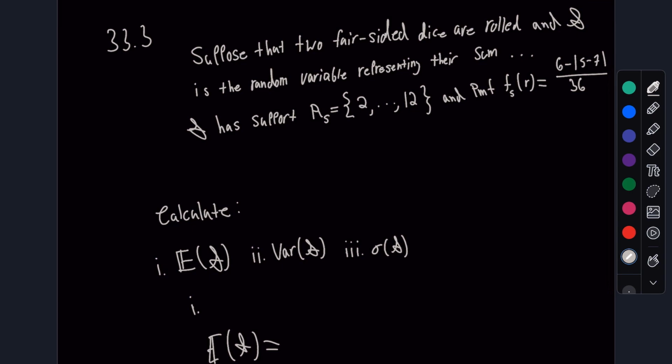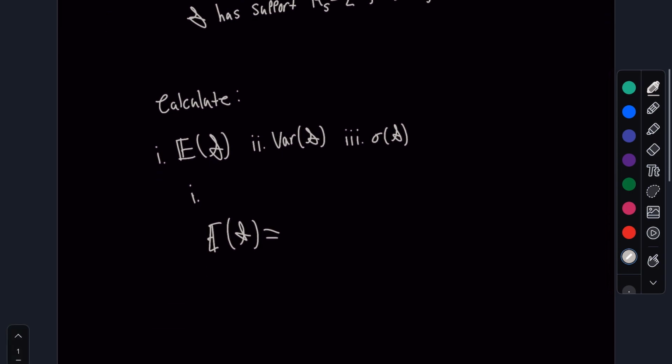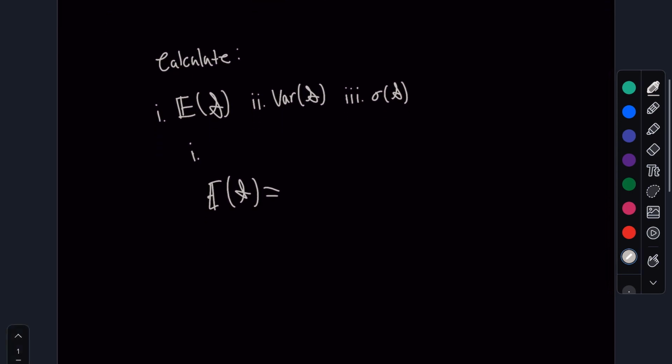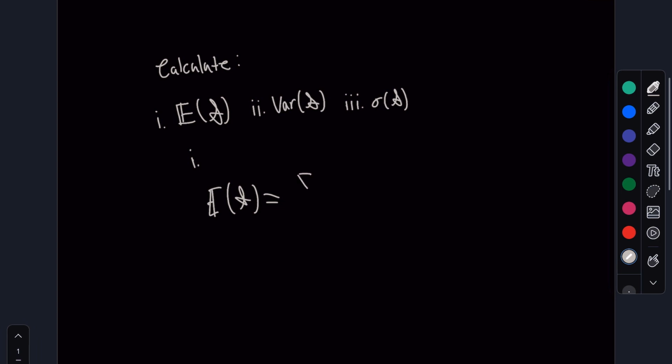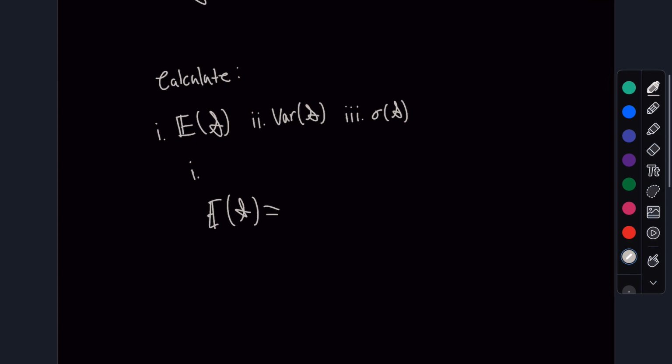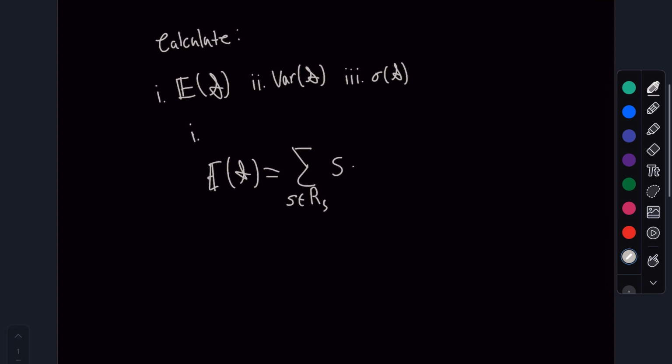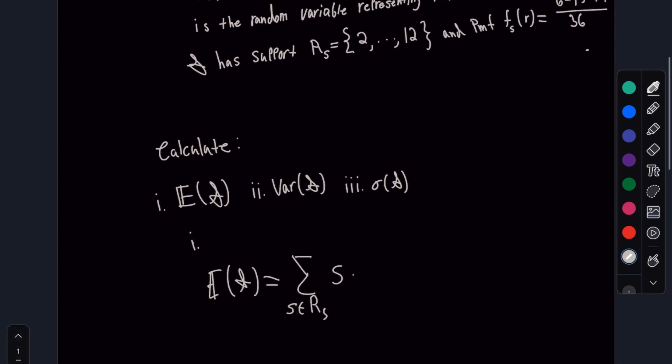So we're going to use this PMF and take the sum, obviously, that's a kind of horrible sigma, sum of every element S in this support set here, and we want to take the S itself times its weighting, essentially.